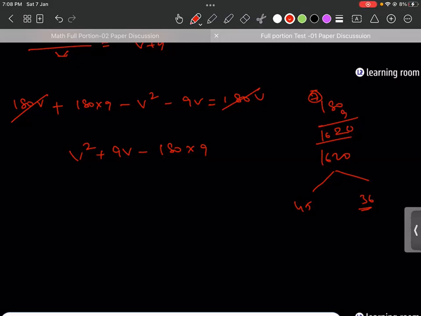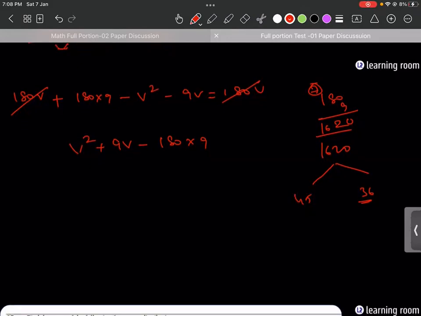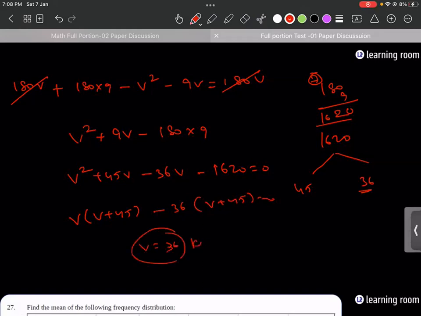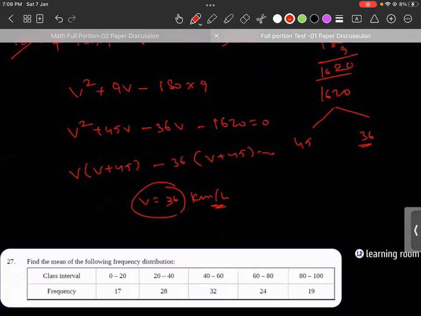Okay, sir. So v square plus 45v minus 36v minus 1620 is equal to 0. So v into v plus 45 minus 36 into v plus 45 is equal to 0. So v will be 36. This will be in terms of kilometer per hour. That is the speed.